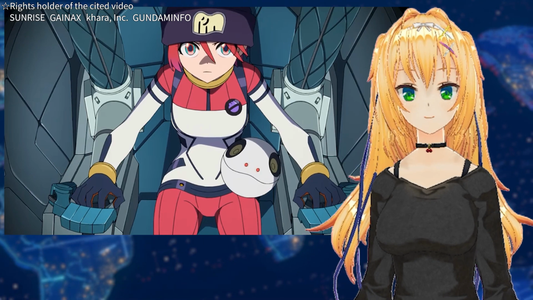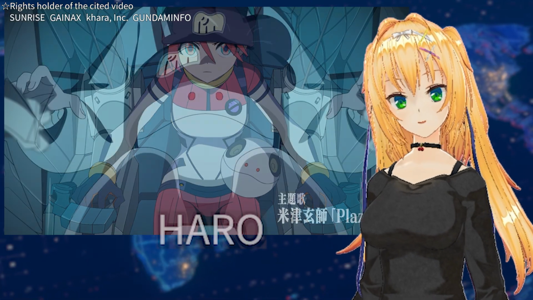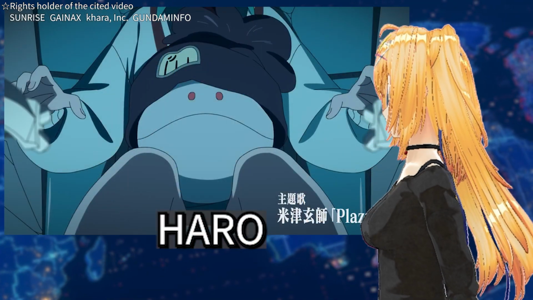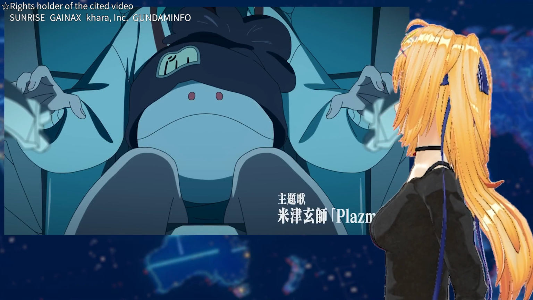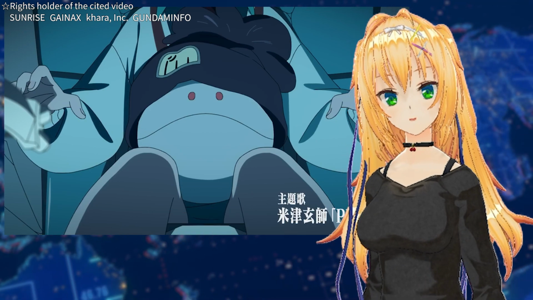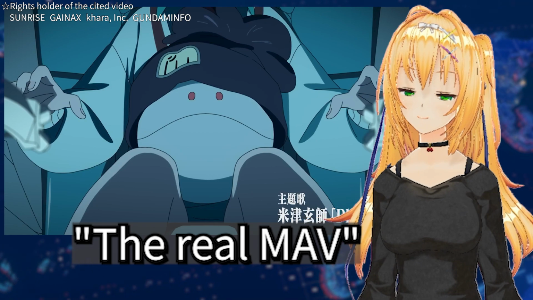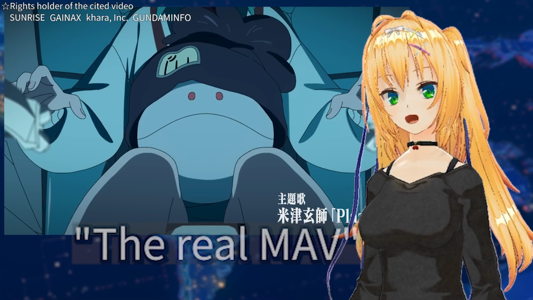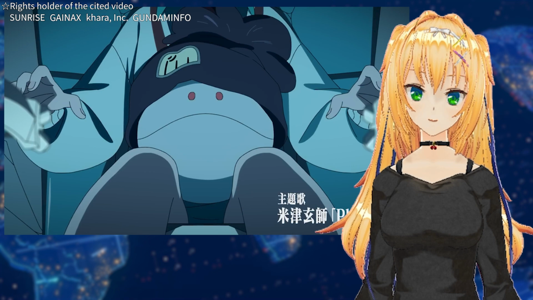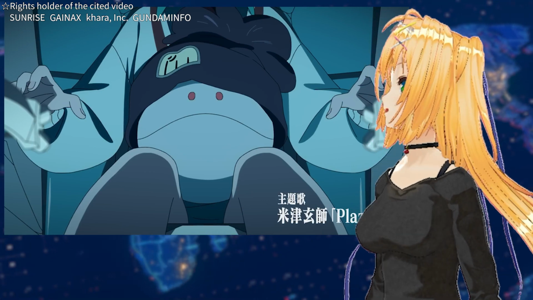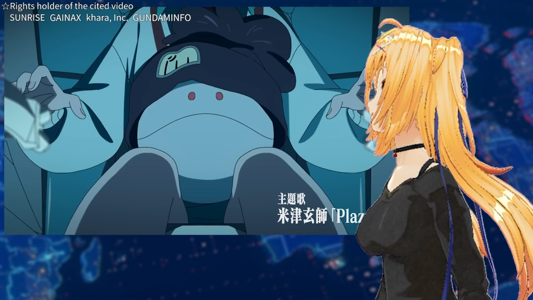It makes sense to interpret the elements of reversal and opposites as direct reflections of his vision. Speaking of which, the word real also appears in Haro's dialogue during the scene where the amateurs pilot GQuuuuuuX in battle. Haro says, the real mob. The concept of mob tactics appears in Clone Wars and Mobile Suit Battles, where pilots fight in pairs.